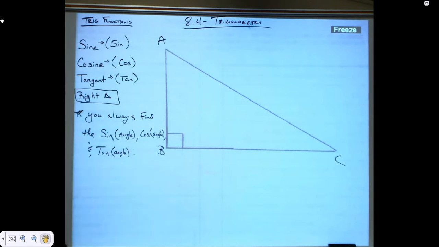That's kind of an important thing, something that gets lost sometimes. You're going to hear me talk about opposite over adjacent, opposite over hypotenuse, a bunch of rules for remembering your sine, cosine, tangent ratios.